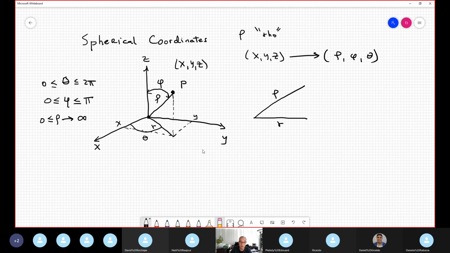Rho is bigger as a hypotenuse. And this is Z. Look, this triangle: rho, this is Z. This R, sorry, Z and rho. And this angle, this is the Z-axis, phi.